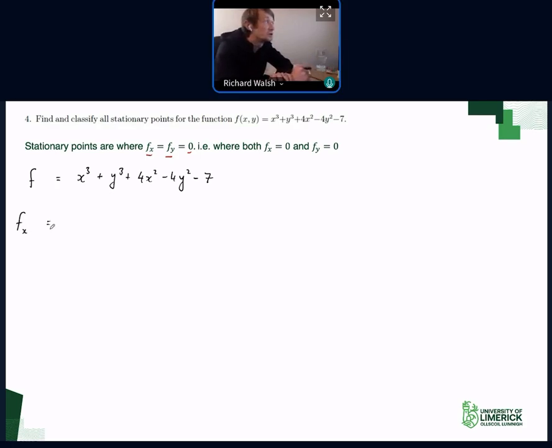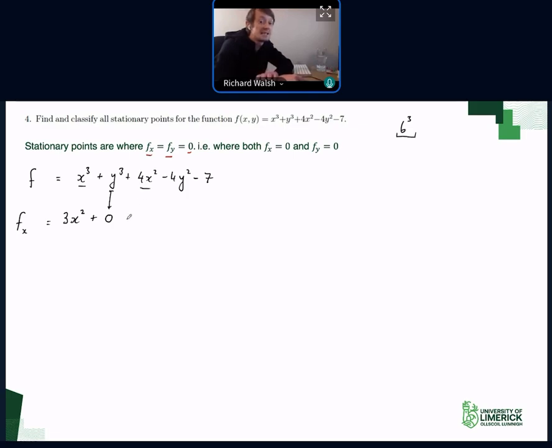I'm going to treat y as if it's just some constant. I don't have any y's in the first term, so I'll differentiate that normally, multiply down by the power, subtract 1 from the power. Y cubed is just like differentiating 6 cubed. It's just a value, and if you differentiate a value, you get 0. Y cubed will just differentiate to 0.